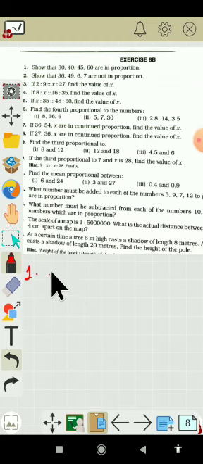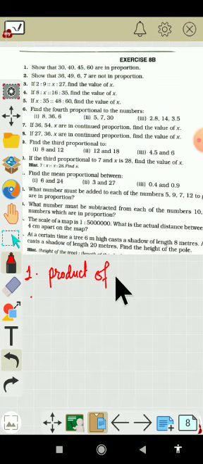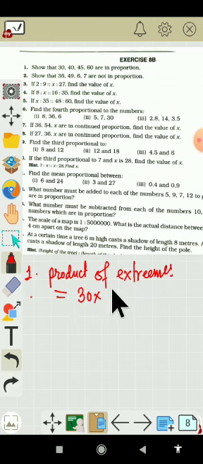First we have to find the product of extremes, that means 30 into 60 equal to 1800.